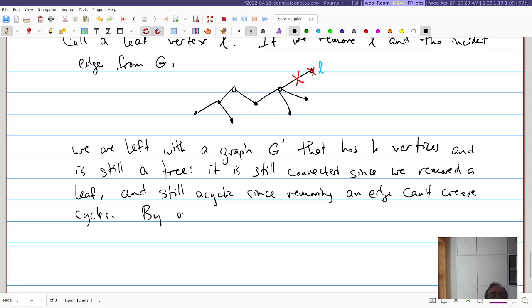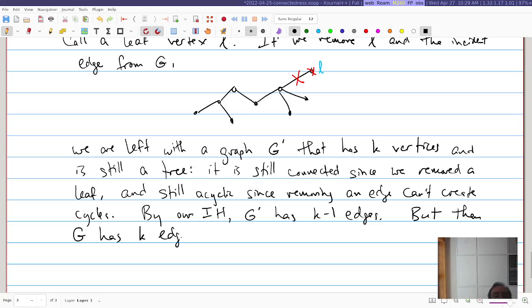So by our induction hypothesis, G prime has k minus 1 edges. Okay, but what was G? Our original graph G was just G prime plus an extra vertex and edge. So obviously, G has k edges, since, let's say, we deleted one edge from G to get G prime.